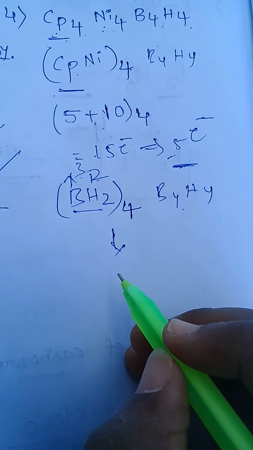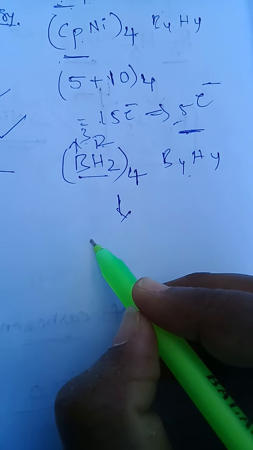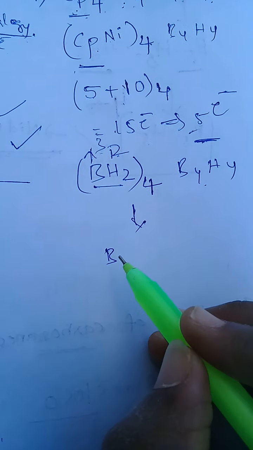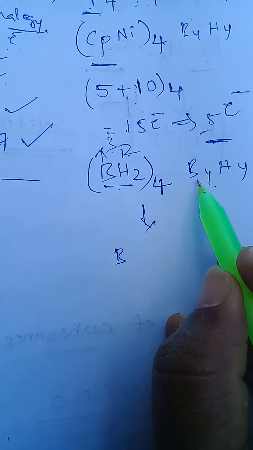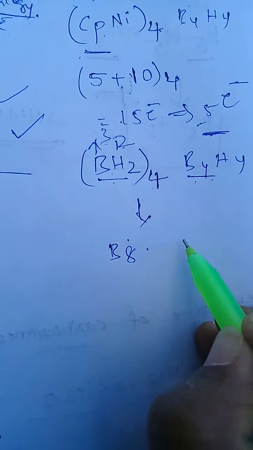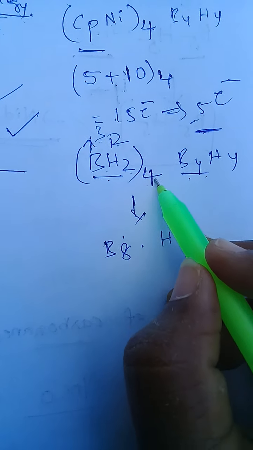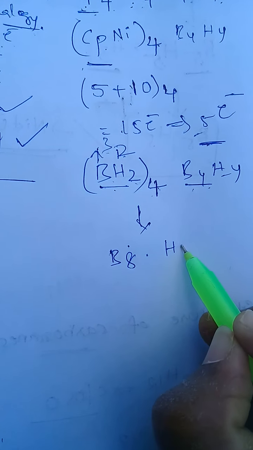In the next step we add total borons and hydrogens. See here 4 borons and here 4 borons, total B8, and hydrogens 8 plus 4, total 12.